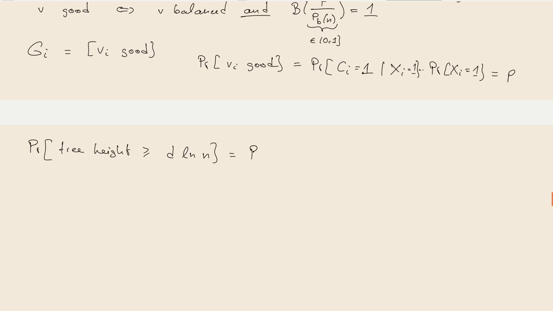For the first step, we just rewrite that because the height of the tree is actually an inconvenient thing. We better talk about paths in the tree. And for a certain height, that's the same as saying there is some path of length at least that.